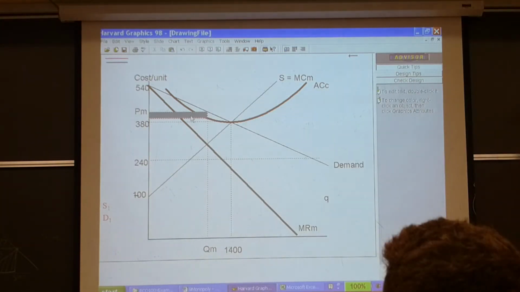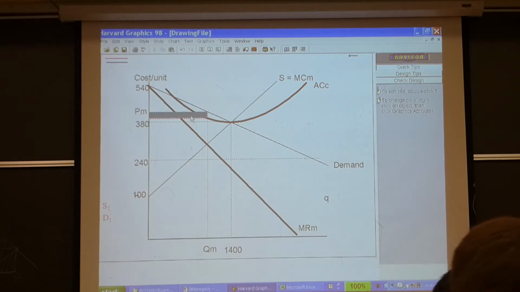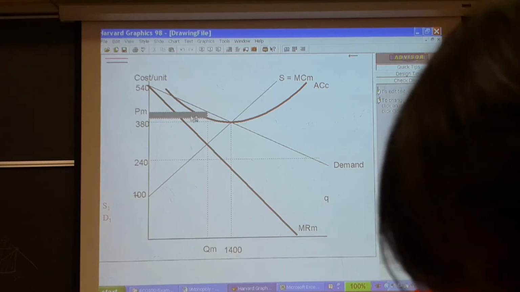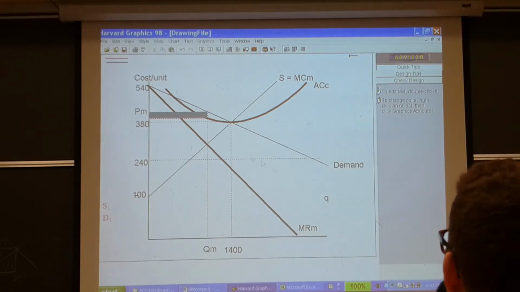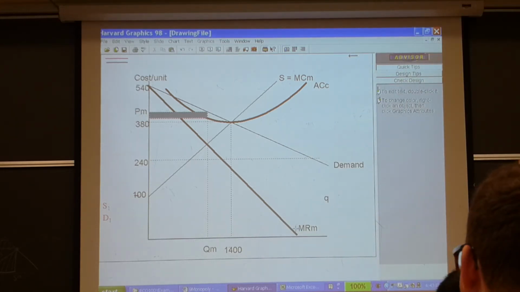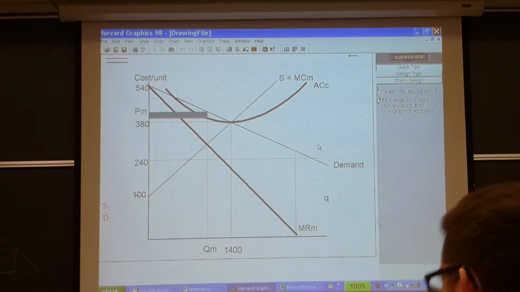Now let's stop for a moment and think about this, because this is very puzzling. Where did I draw my marginal revenue function to? Right here. Let's look at this point right here. I'll draw it like this. Now, we're going to come back to this after a break. We'll go back to monopoly and everything.